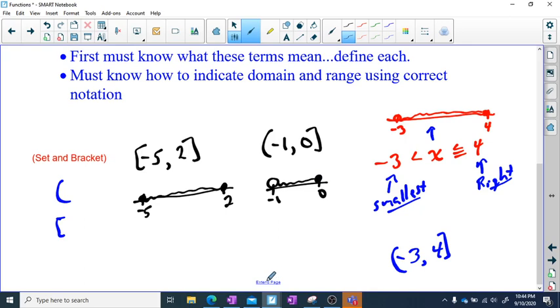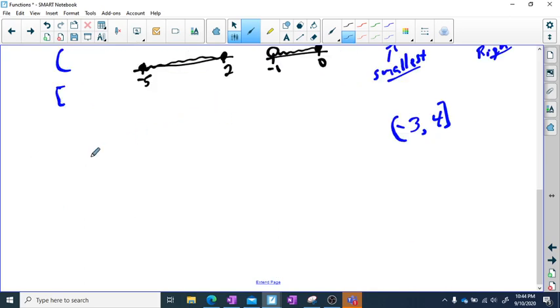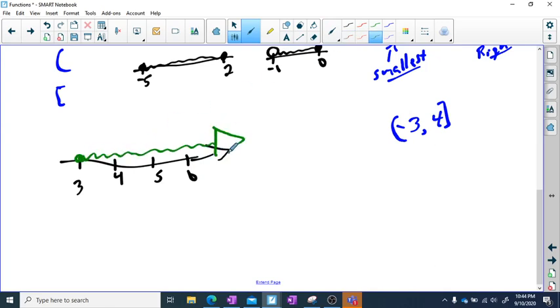Now, if you had a set of numbers that look like this, so if I had a 3, 4, 5, 6, but this just kept going forever. So when I went to shade it, I said, okay, I'm going to go here. I want all the numbers to the right of 3, and I want to include 3 as well.